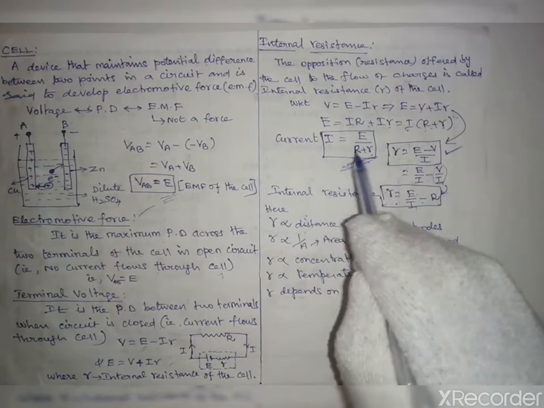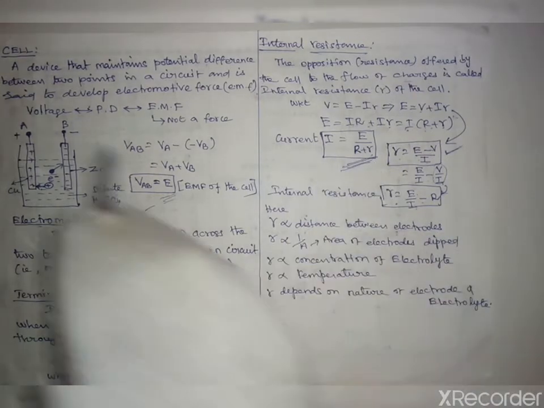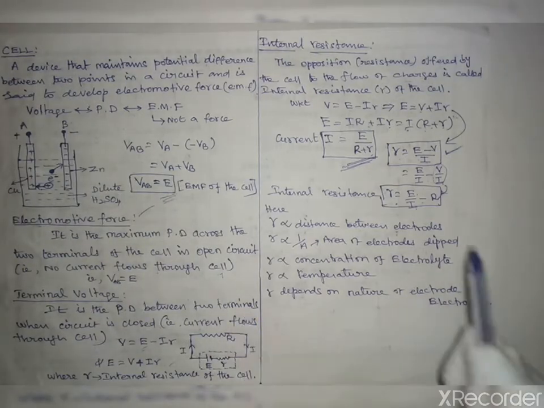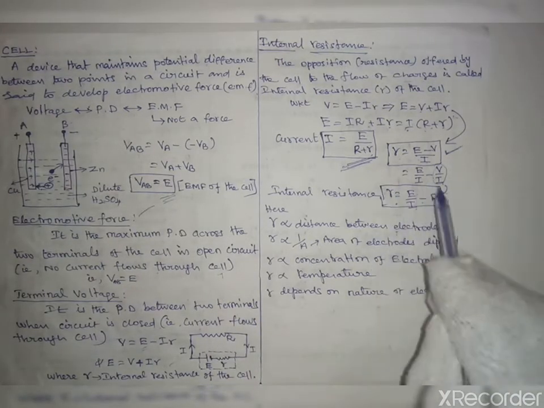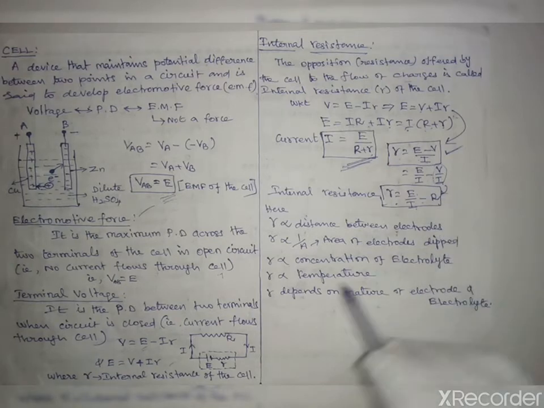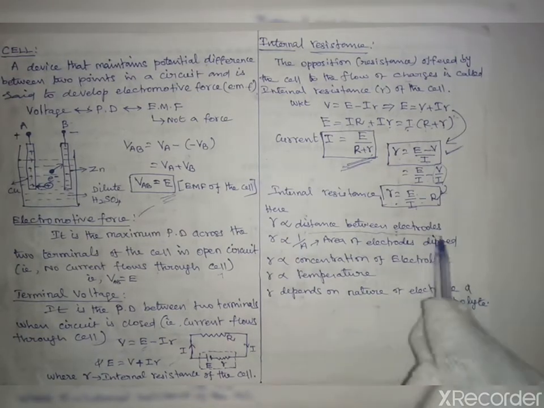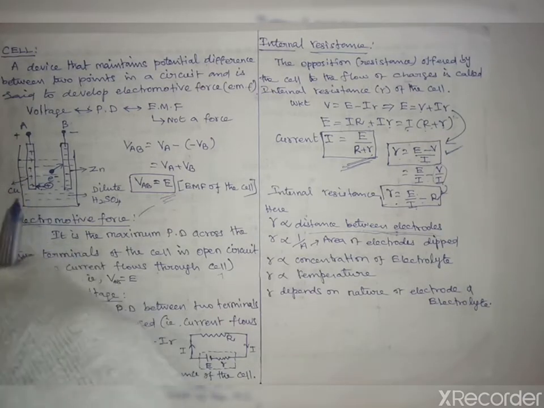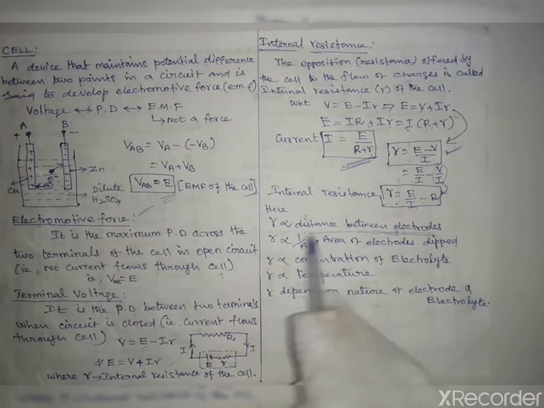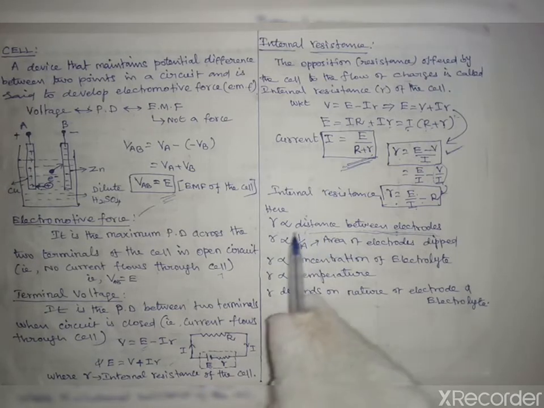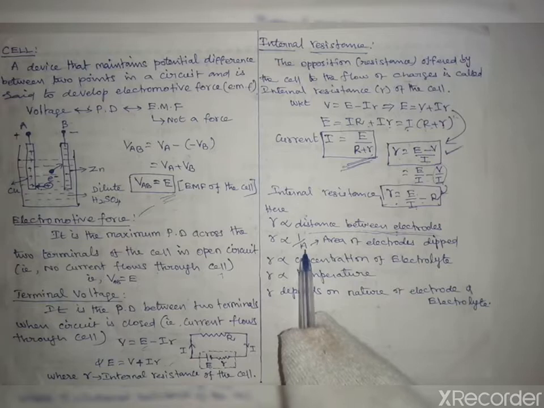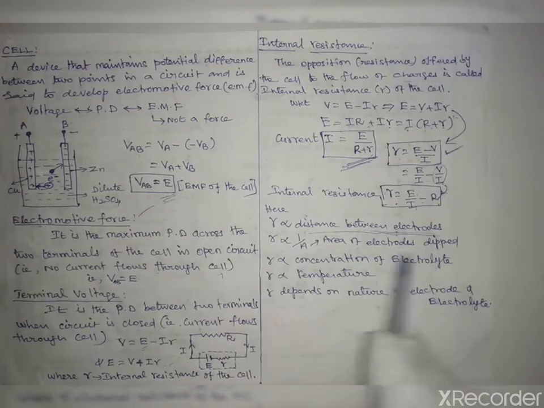So these are the things based on the electrochemical cell, and a group of cells is simply called a battery. And the internal resistance of the cell or battery depends on various factors. First one is the distance between the electrodes. The two electrodes are separated by a small distance d. If the distance between two electrodes increases, resistance increases, and it is inversely proportional to the area of the electrodes dipped.